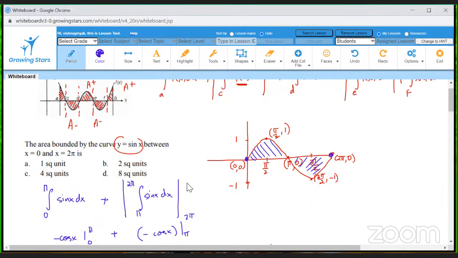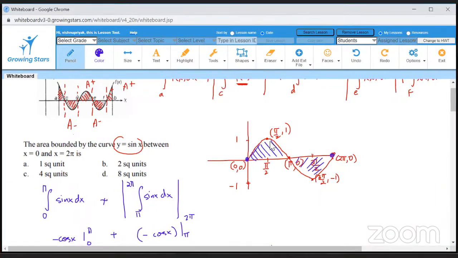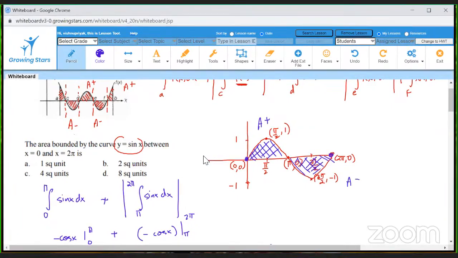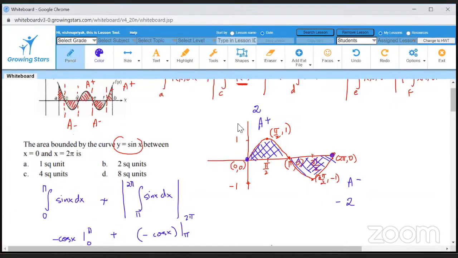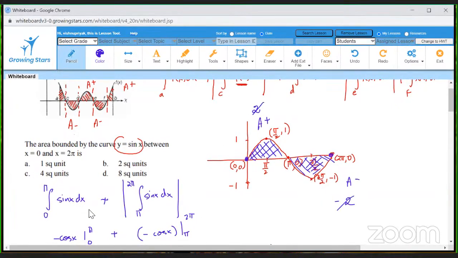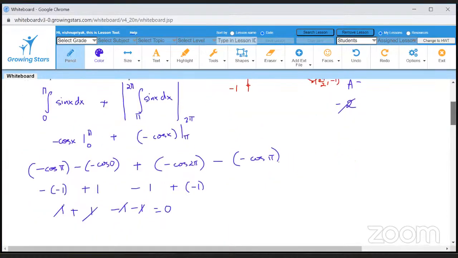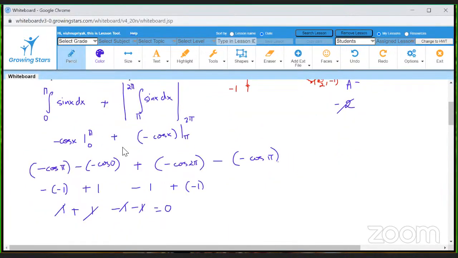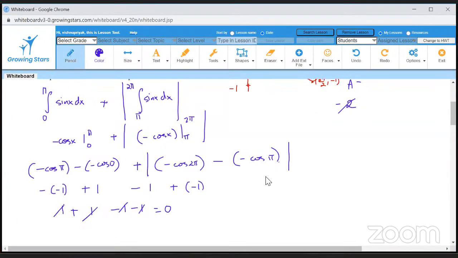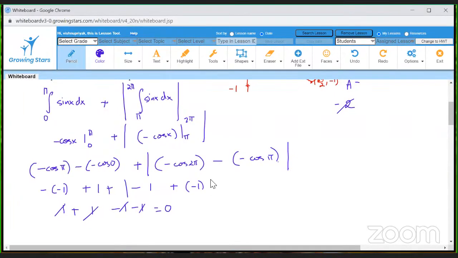Why it got cancelled? Because the area which is positive here, the same area you will get here negative. Same area. Suppose here you have 2, here you will get minus 2. So 2 and minus 2 will cancel. That's why you are getting 0. And that is why I told you, for the second part, you have to take absolute value.